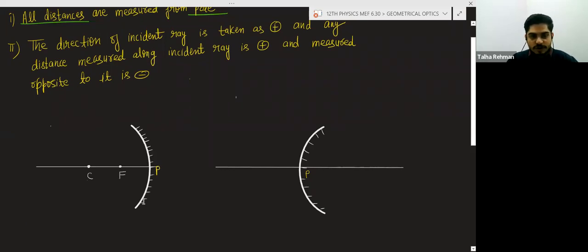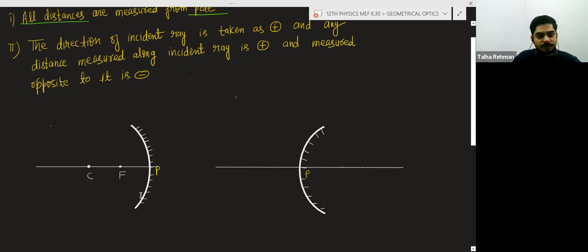This is a concave mirror and this is a convex mirror. From the polishing, this is a polished surface, you can decide whether the mirror is concave or convex.